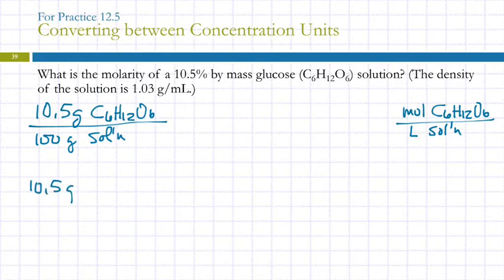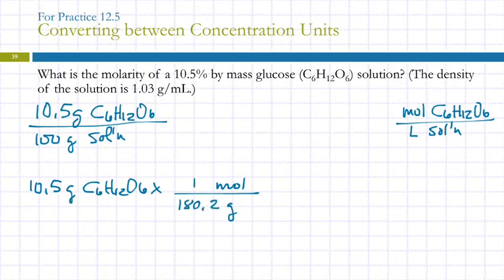So 10.5 grams of glucose. I want to convert that to moles of glucose. So I need the molar mass of glucose. 6 times 12.01 plus 12 times 1.008 plus 6 times 16 is 180.2 grams per mole.